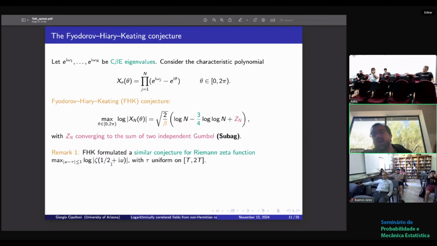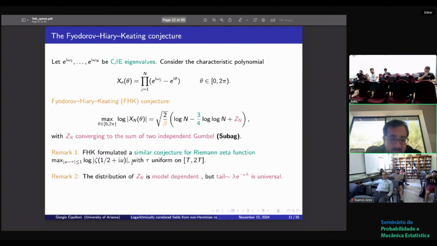So if we look at the maximum, again we would expect asymptotics exactly like this one, with the proper replacement of log n by some function of t, like log t. But again, you'll see the 3/4 appearing, and the tail behavior of the limiting distribution in the zeta case is also expected to be the same.